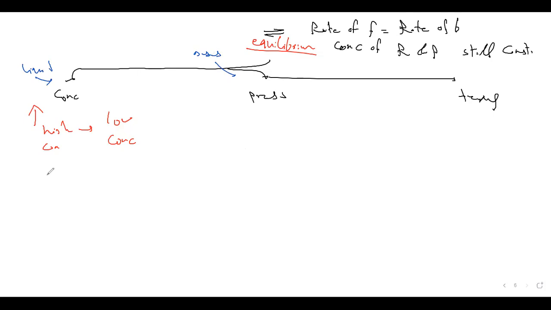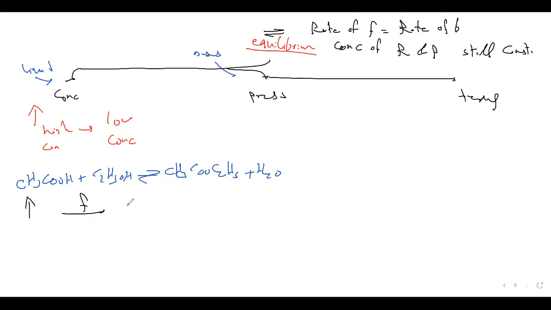For example, HCl plus NaOH gives NaCl plus H2O, or in reversible reactions like CH3COOH plus C2H5OH gives CH3COOC2H5 plus H2O. By increasing the concentration of reactants, the reaction moves forward and more yield is produced.